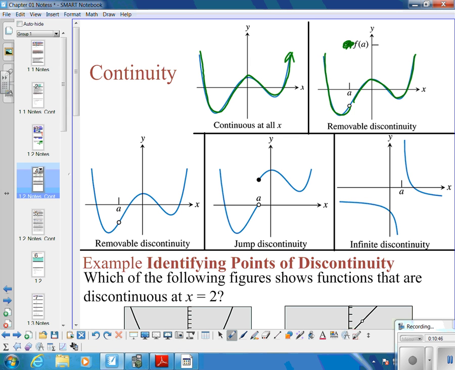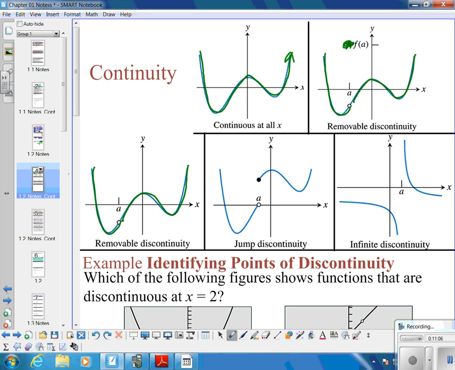That's one form of removable discontinuity. The other form of removable discontinuity is where there's just a point missing. It's removed, if you will, and then you basically put the pencil down right next to where you picked it up from. That's also considered removable.